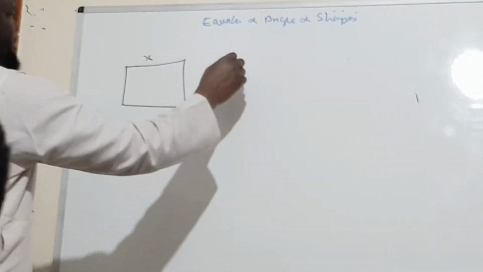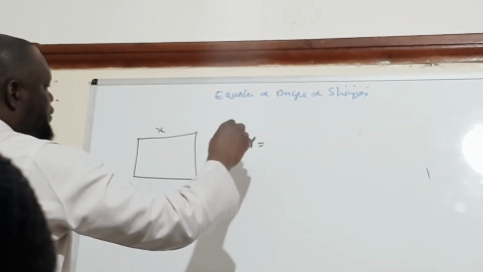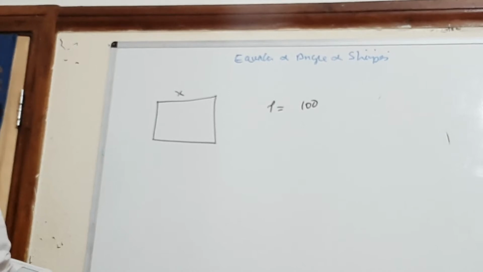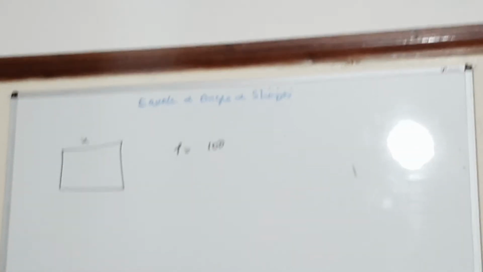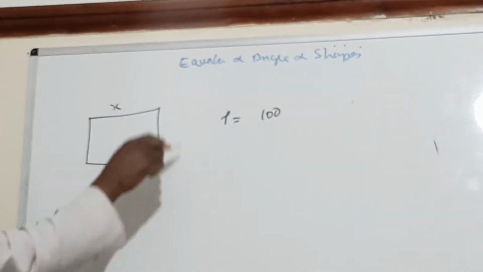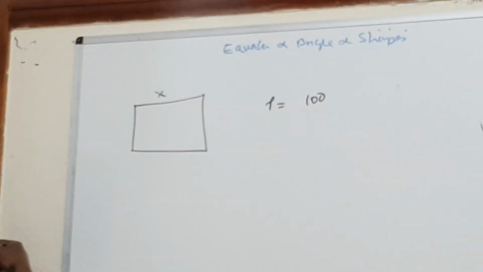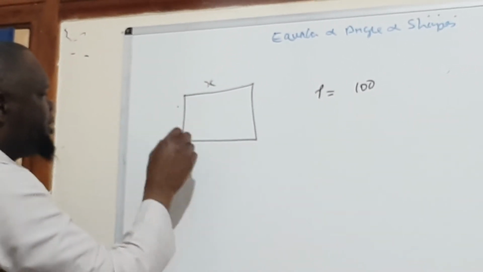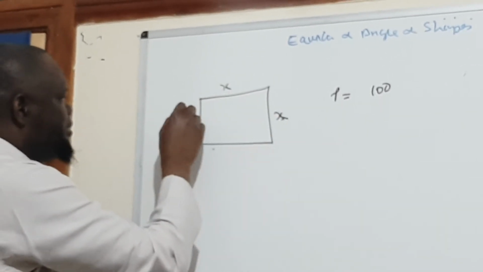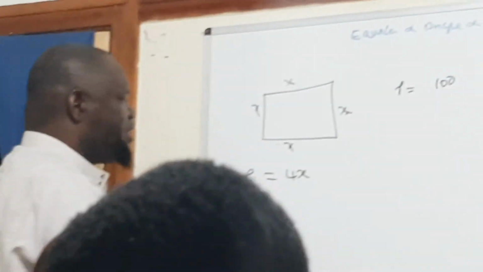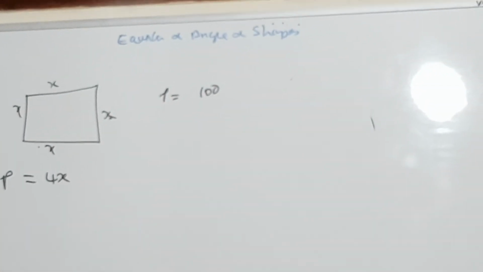So if the perimeter is equal to 100, what is x? What is the side? Divide 100 by 4. Let's see, each side will be x. So basically, around this, it will be x plus x plus x plus x, which is equal to 4x.